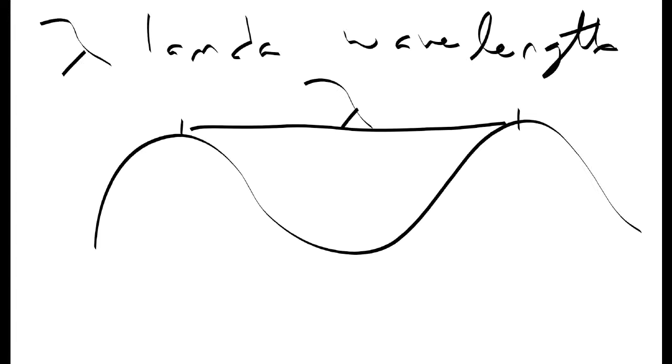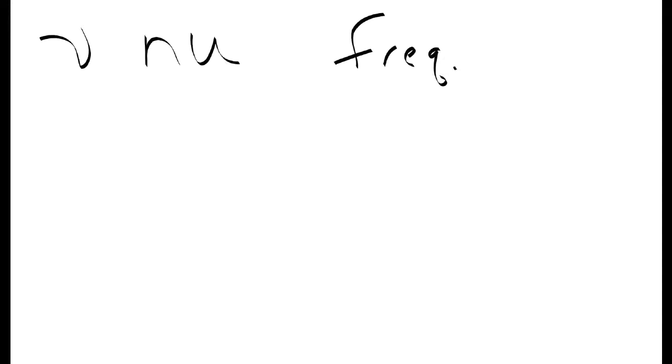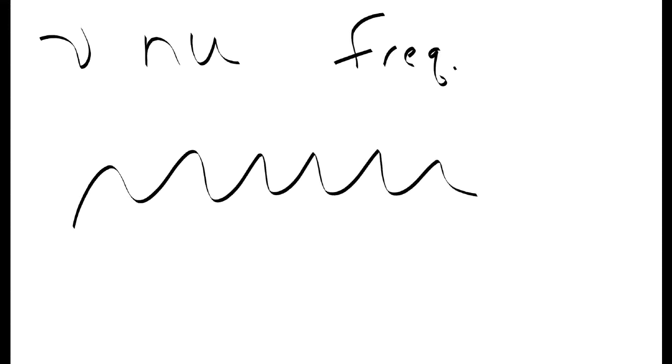You also get what's known as frequency. That's not the letter V. It's actually the Greek letter nu. It looks a lot like a V, so I'll try to make sure to distinguish it whenever possible from the letter V. But this is frequency. Okay. And frequency tells you, when you have waves passing by, how many times per second a peak or a trough passes by a certain point.